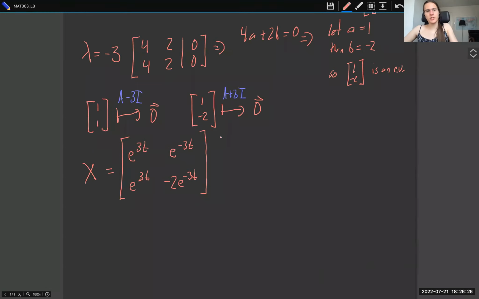So we took particular solutions. We didn't care about general constants. We took two linearly independent solutions and we formed a matrix whose columns are those linearly independent solutions. And I just read them off from these vectors.